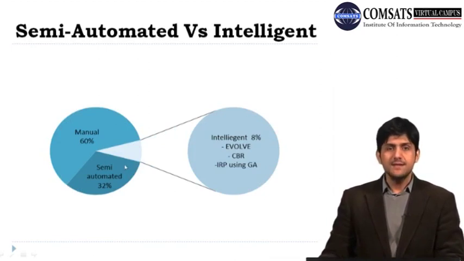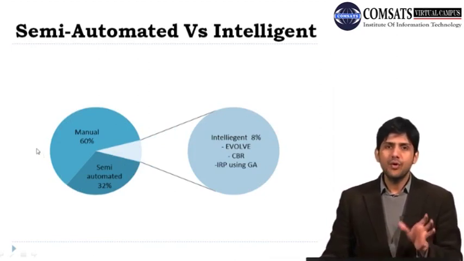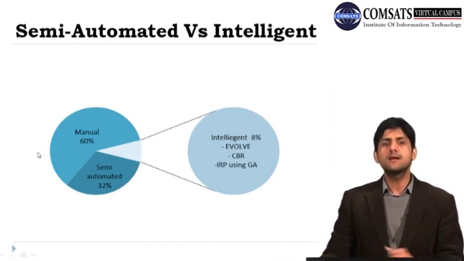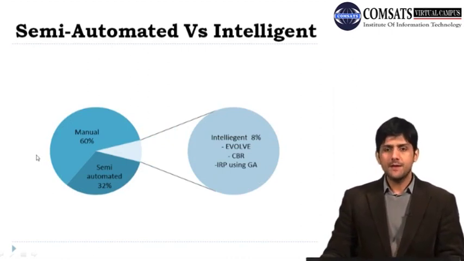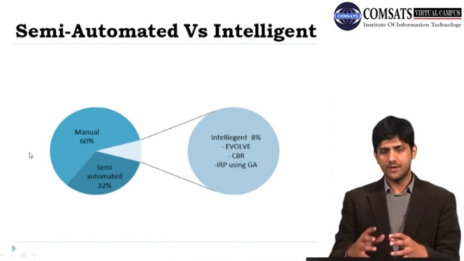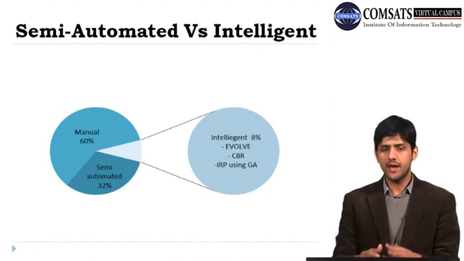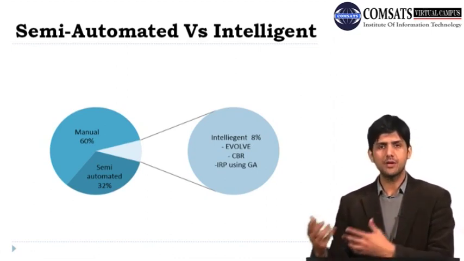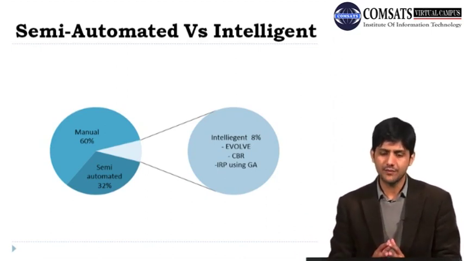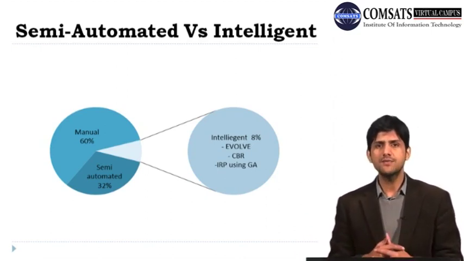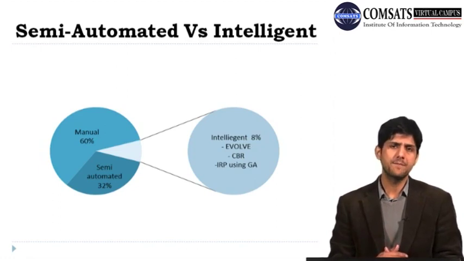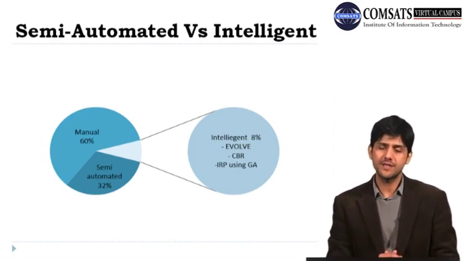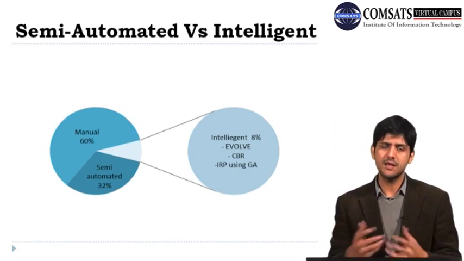So out of these semi-automated techniques, let's say we want to identify which ones are intelligent. Because if a technique is based on getting all the inputs from humans and then analyzing that input and coming to a conclusion, that is not intelligent. Whereas we call techniques intelligent if they use an artificial intelligence algorithm. For example, it may use machine learning, or it may use an evolutionary algorithm.